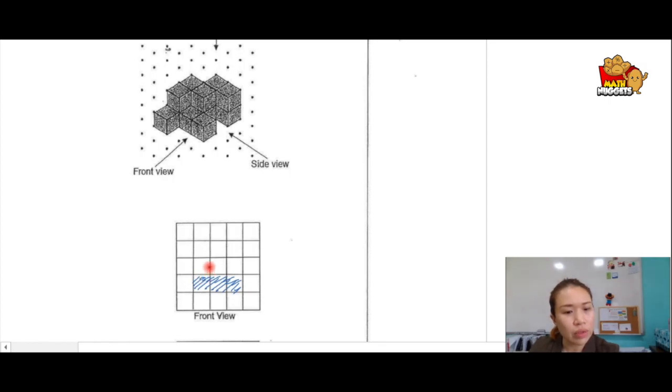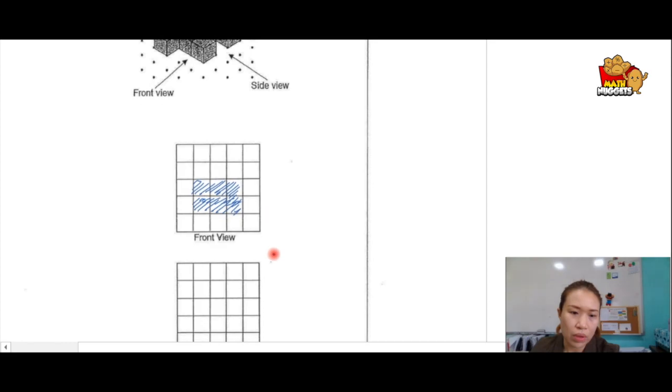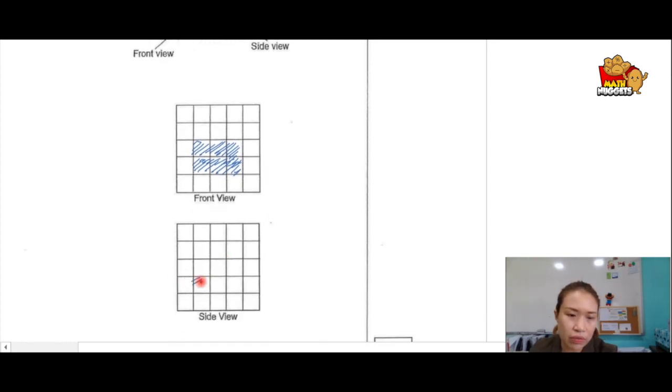The second level, we will also have 3. So this is what the front view will look like. And as for the side view, the first level we will see 4. The second level we will see 3, like that.